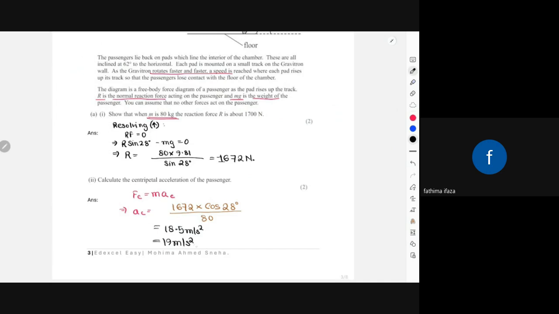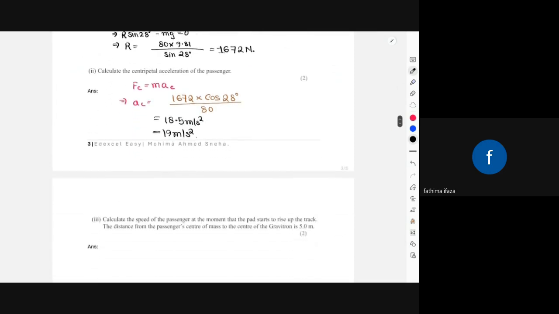I'll use 8.5 for the next questions, but my final answer is 19 because the data provided in the question was in two significant figures. Now let's move on to the next part.